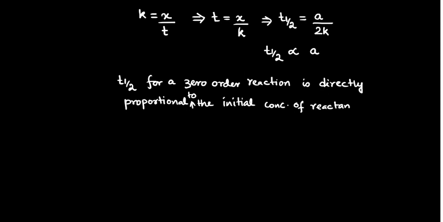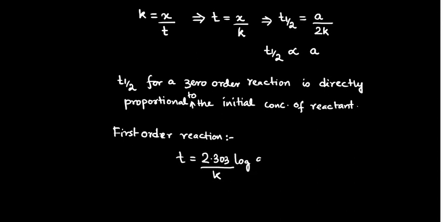Right? Now we are going to consider the integrated rate expression for a first order reaction. So what was the expression? It was t is equal to 2.303 by k log A by A minus x.